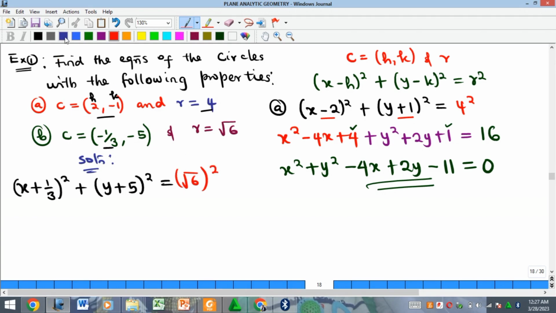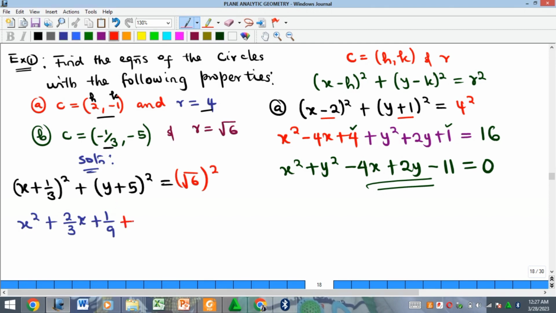Now we'll try to open our brackets, and when we do that, we are going to have x squared. If you expand this one, you are going to get plus 2 over 3 x, and that is plus 1 over 9. Please ensure to also do that to be sure that that is correct.